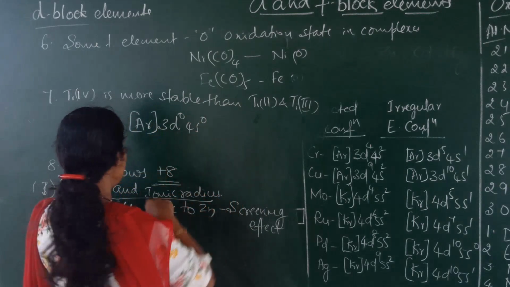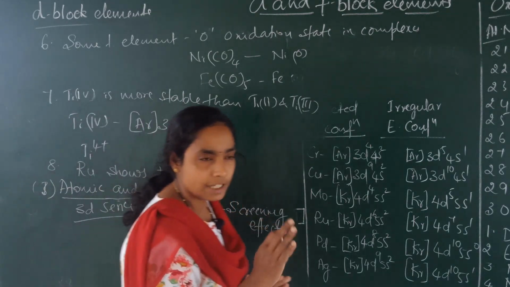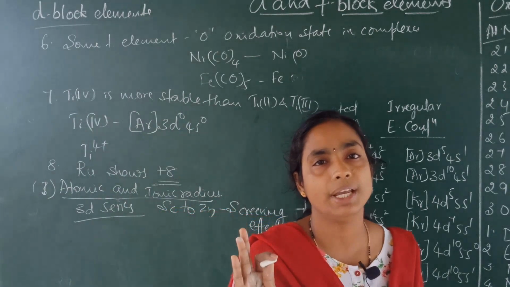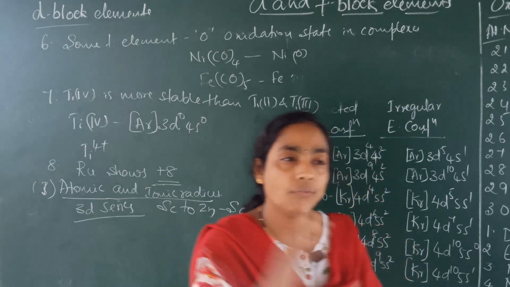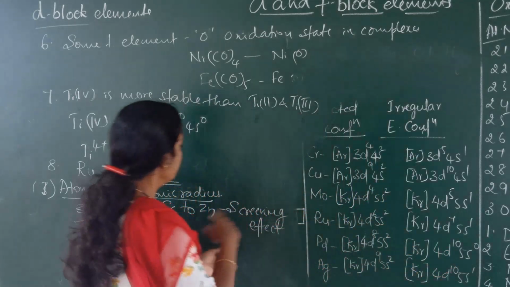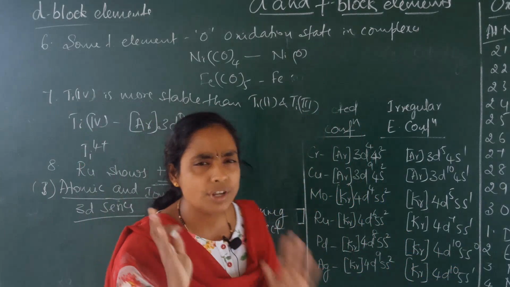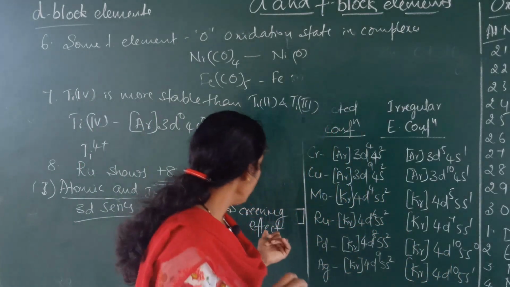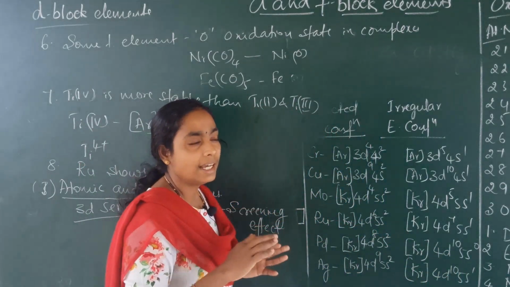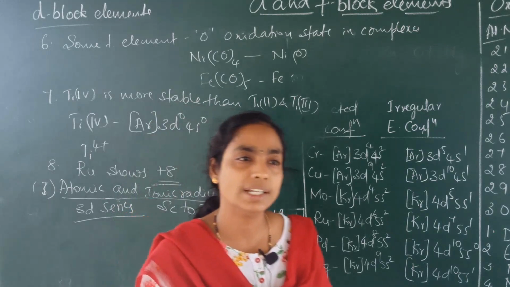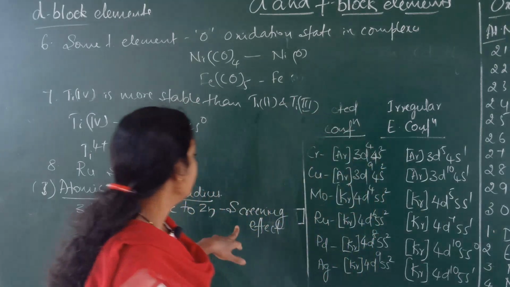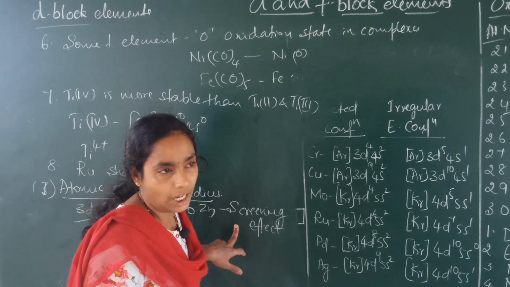As we move from scandium to manganese, the expected decrease in the atomic radius is observed. But after that, the elements show almost the same atomic radii. This is because the increase in the effective nuclear charge is nullified by the increase in the screening effect.